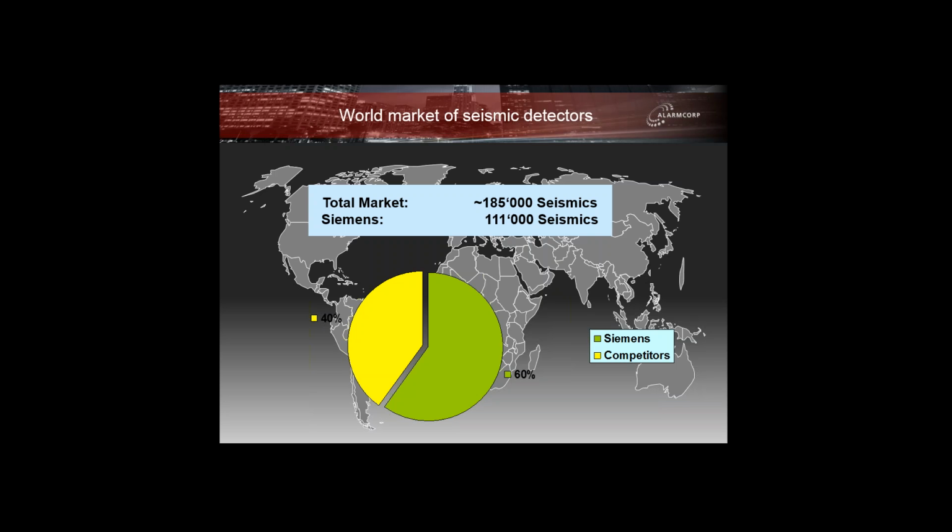And by far, these particular detectors that I'll be talking about today are used by all of the major banks, all of the ATMs, and all of the high security government areas that require this form of detection.